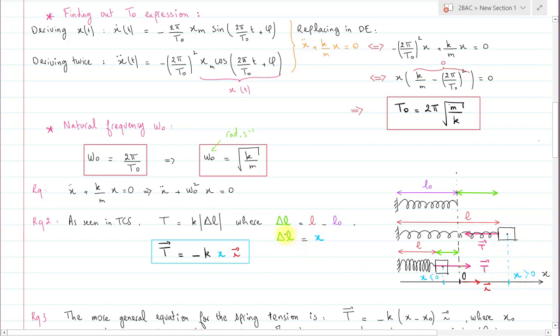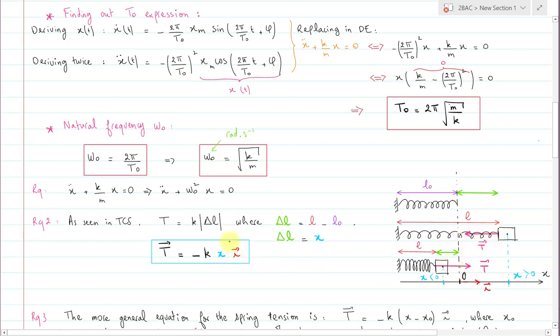That's why delta L is equal to x. So T is equal to minus kx times the unit vector i. Notice that we have added this minus sign so that T is always in the opposite direction of i if x is positive, and if x is negative, T will be in the same direction as i.